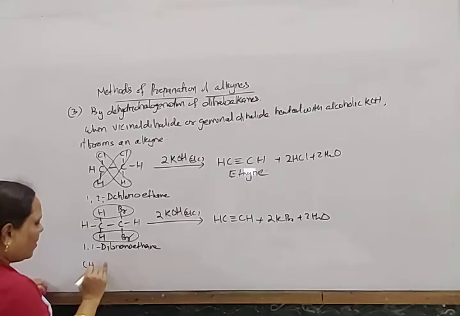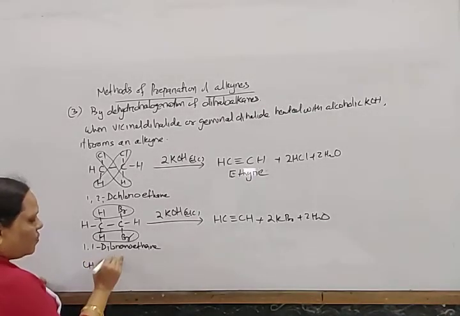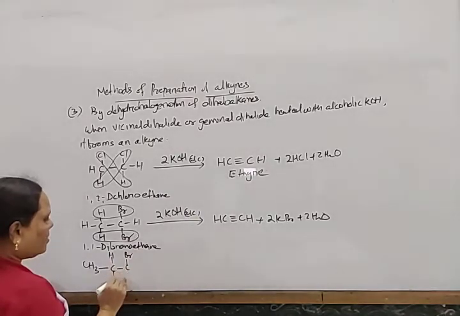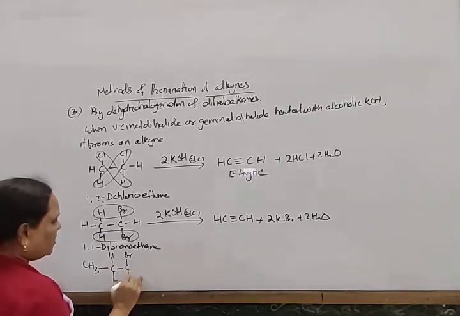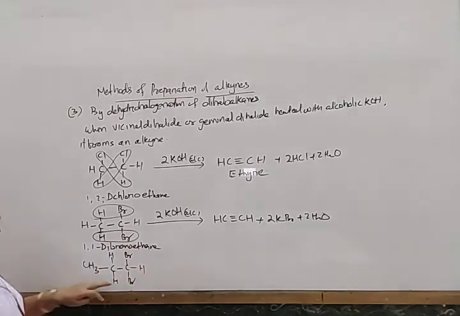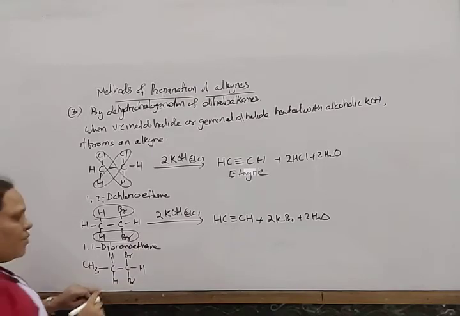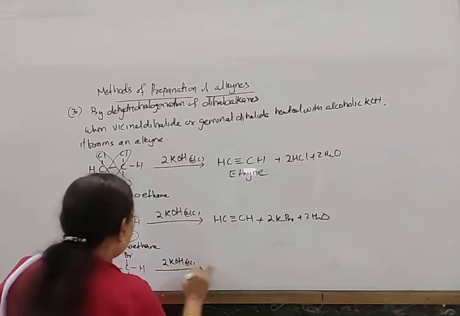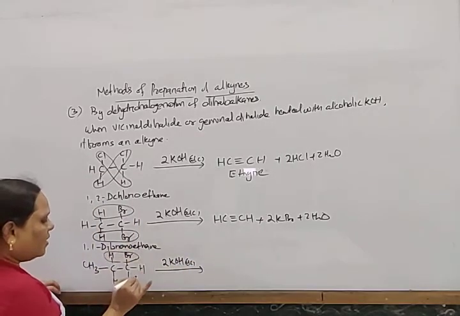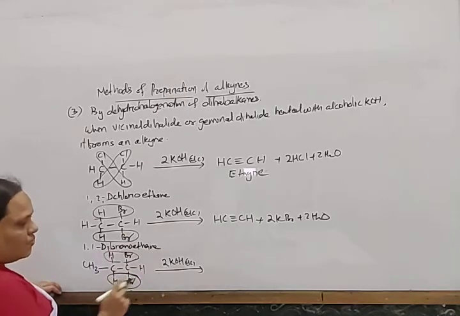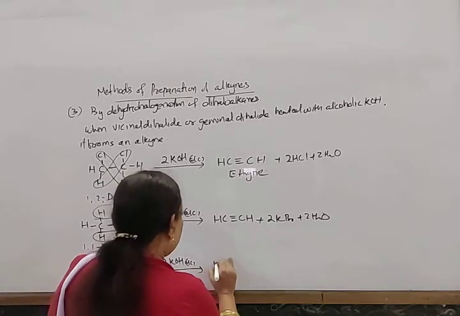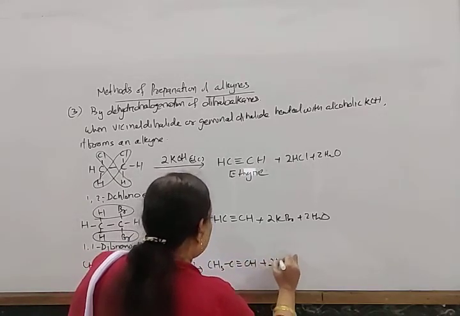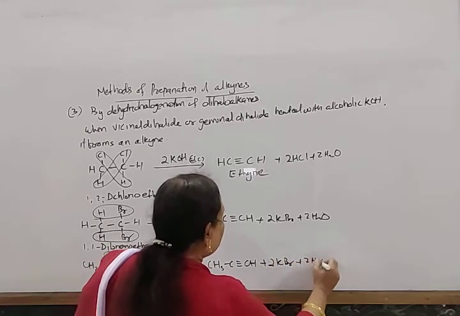Similarly, if you take a dihalopropane, CH3, CH, C with Br and H, that is 1,1-dibromopropane, when treated with 2KOH alcoholic, here also the Br and H are eliminated, and it gives rise to CH3 C triple bond CH plus 2KBr plus 2H2O.